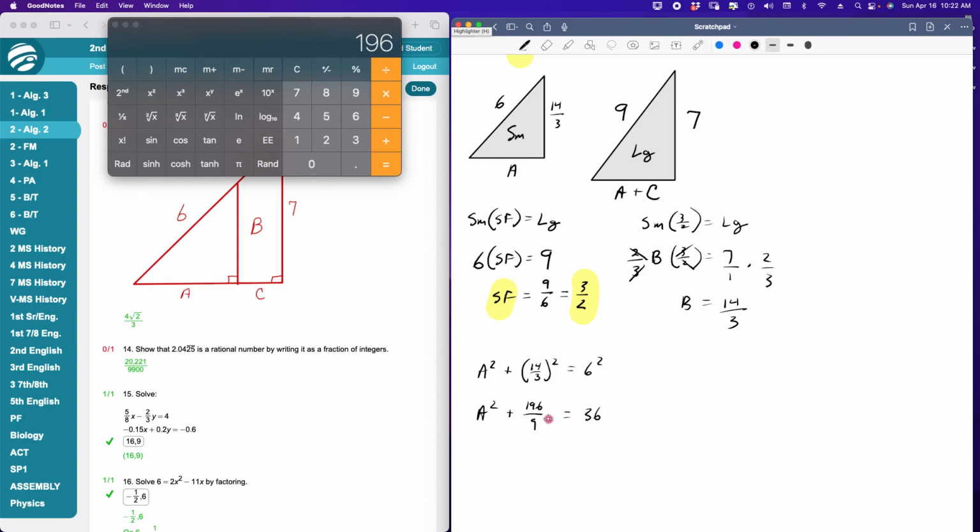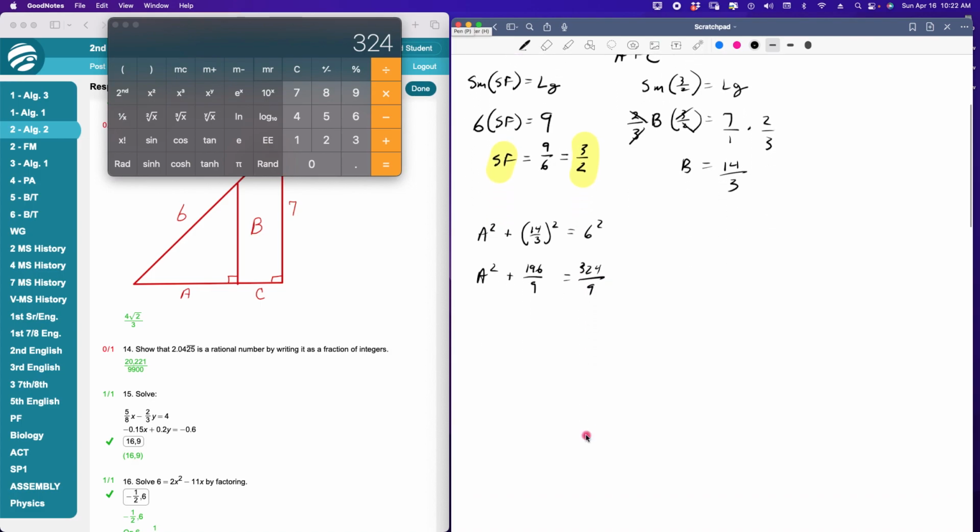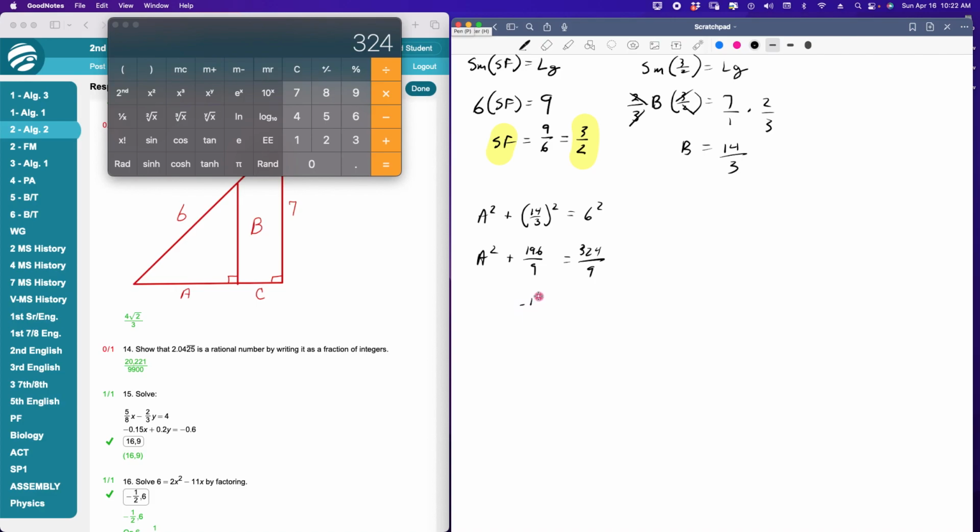All right, so I'm going to have to subtract this from both sides. So I'm going to take that 36 and I'm going to put it over 9. 36 times 9, that's going to be 324. So this would become 324 over 9, right? So now I'm going to subtract 196 over 9 from both sides.